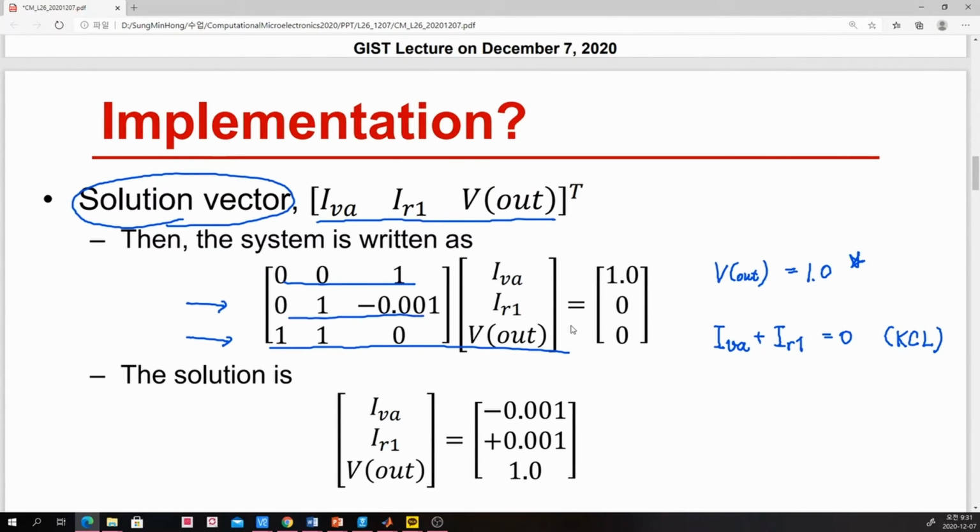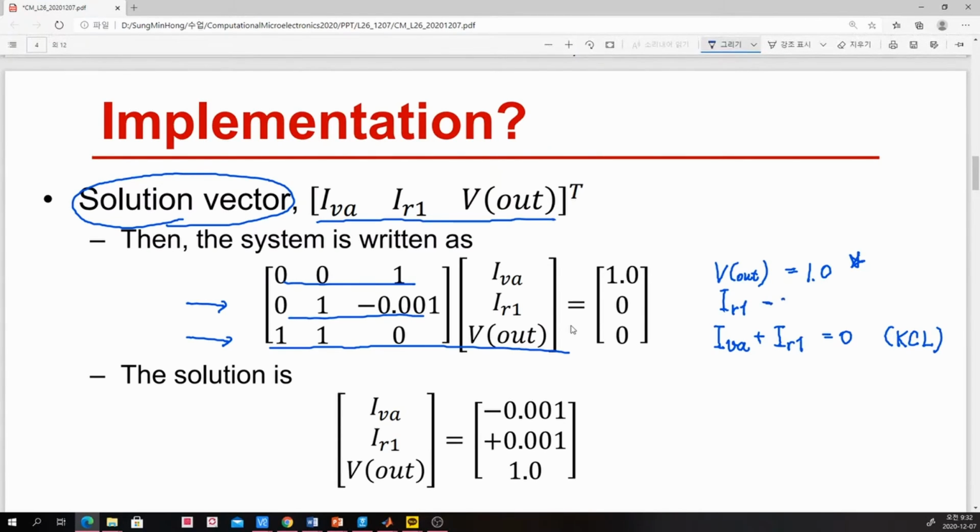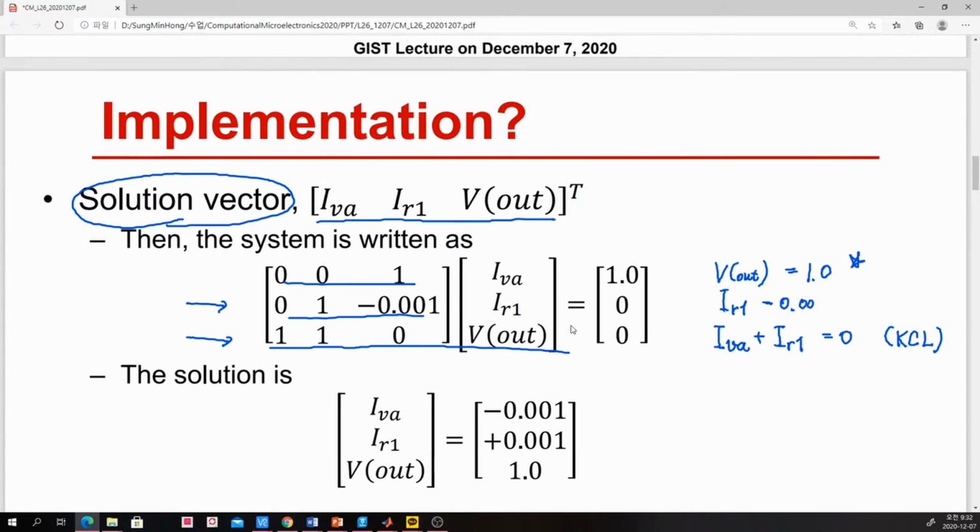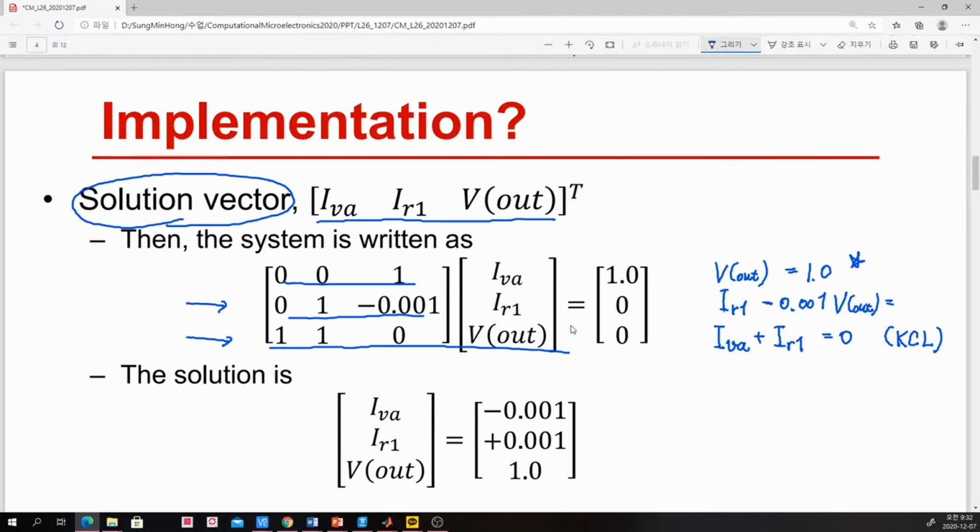And this second line just says that I sub R1 minus 0.001 V out equal to 0. What is it? This means that I equal to V divided by R. You are now looking at this relation.